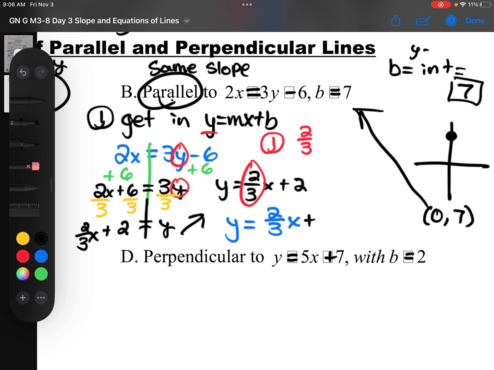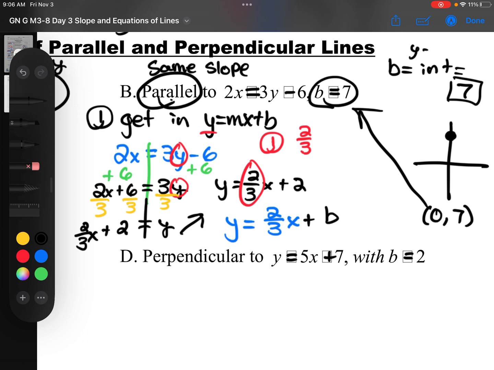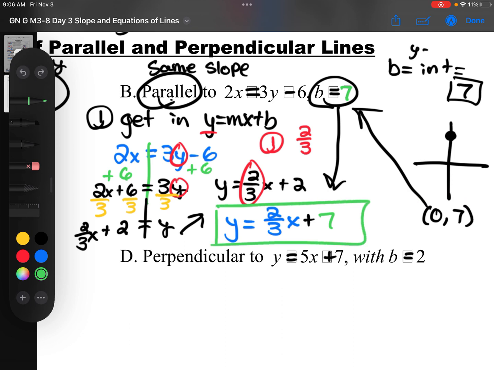We're in y equals mx plus b. You're given a b. So all you have to do is plug it in. I know b equals 7, so down here, just replace your b with a 7. And that is the equation of your line, because we are given that. So you can either do it the point way, or you know you're given your b, so you can do it that way. Okay, so that's how you would do that problem.